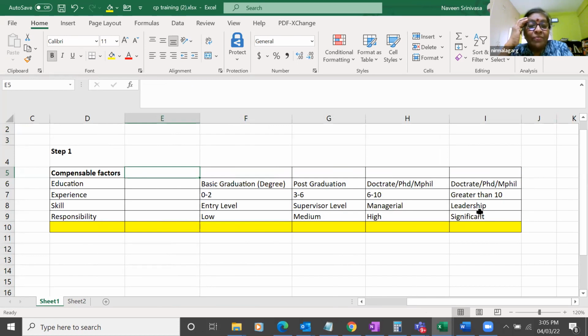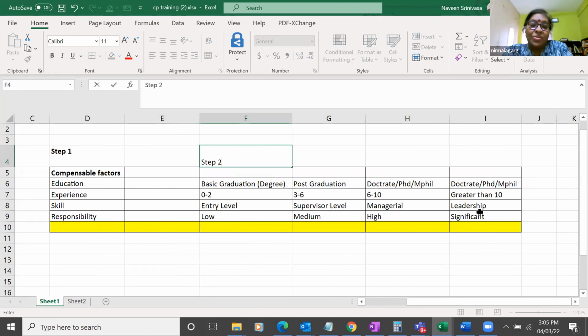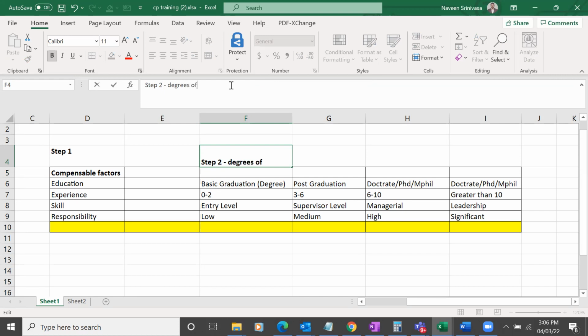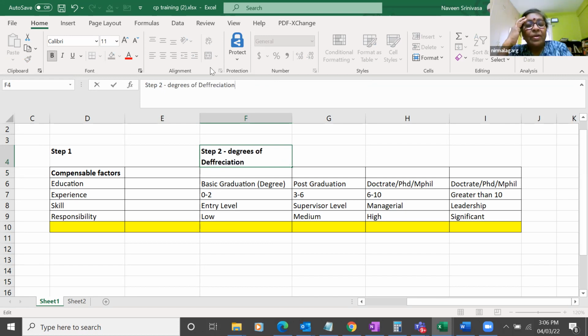Great. Now, step 2 is what? You have to define your levels. Degrees of differentiation. Here we are going to write step 2, degrees of differentiation, because tomorrow when you want to read it, it will be there.